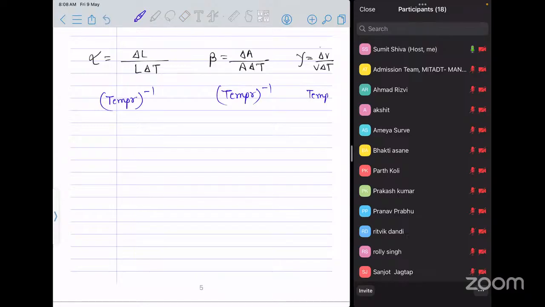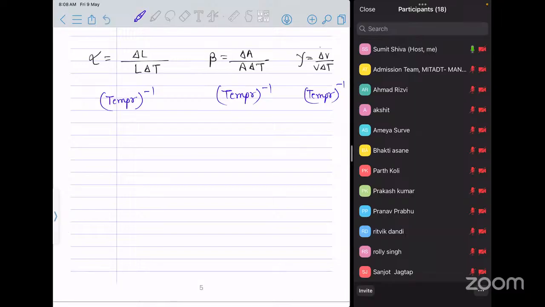Or if you are taking it in Kelvin, it will be Kelvin inverse. But if the question is what is the SI unit of alpha, beta, or gamma, then in case of SI unit, it has to be Kelvin inverse. Otherwise, we can say that unit of alpha, beta, or gamma may be Kelvin inverse as well as degree Celsius inverse or Fahrenheit inverse. But in case of SI unit, it will definitely be Kelvin inverse.